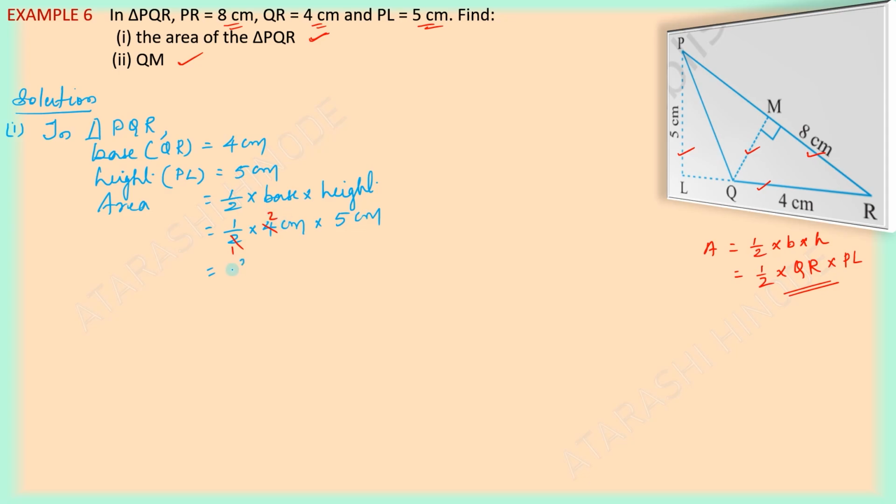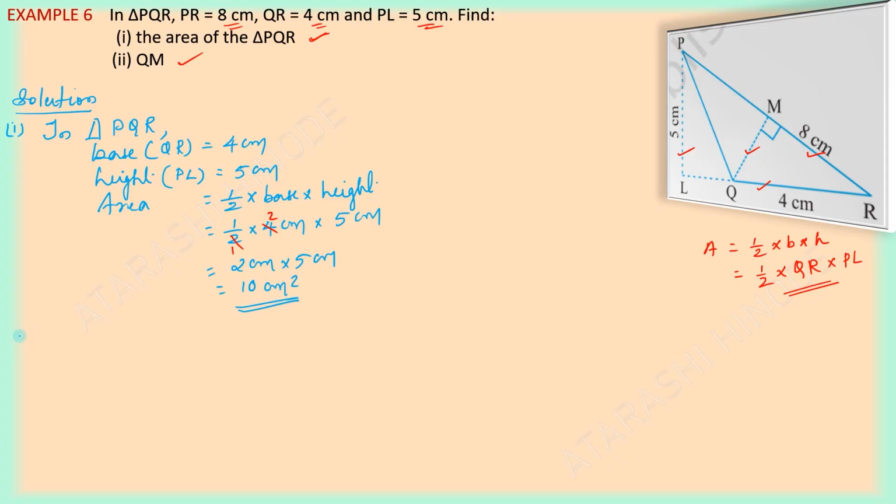So we get 2 centimeters into 5 centimeters, that is equal to 2 5s are 10 centimeter into centimeters, it is centimeter square. So area of this triangle PQR is 10 centimeter square.